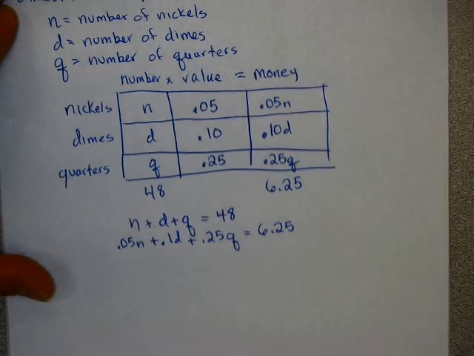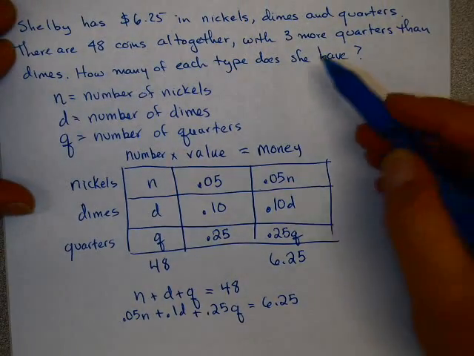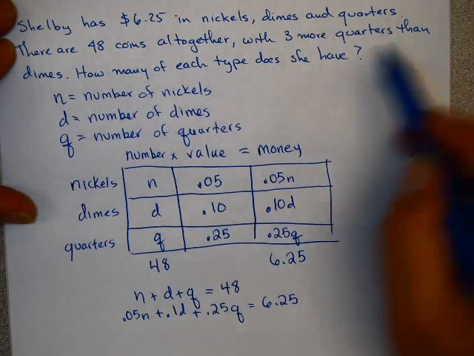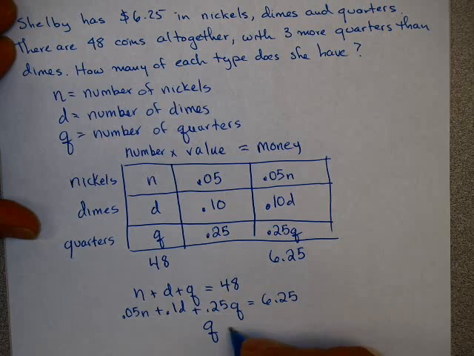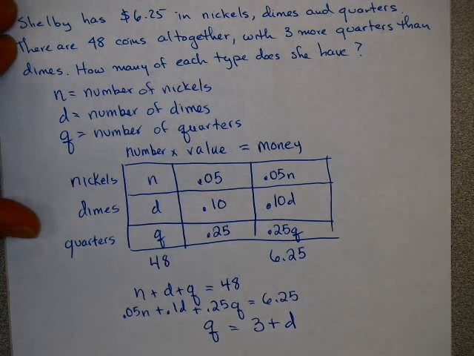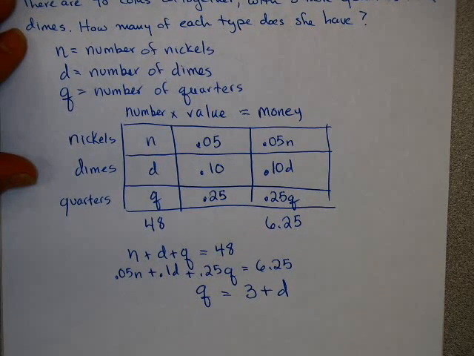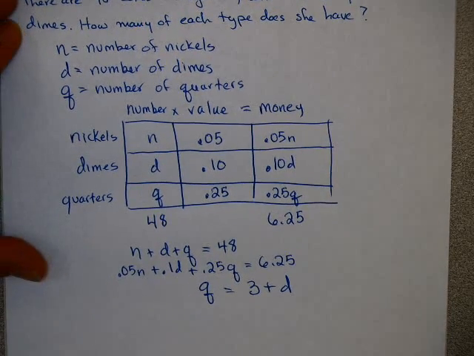And now I need one other piece of information that was given in the problem, and that is there are 3 more quarters than dimes. So the number of quarters is 3 more than the number of dimes. So here we have our system of equations, 3 equations with 3 unknowns.